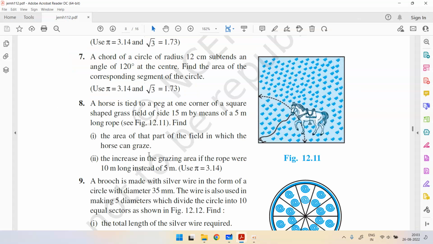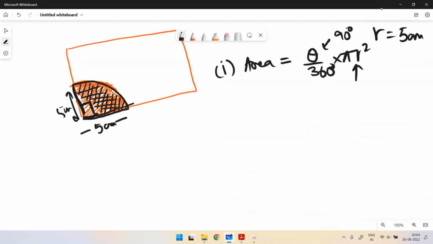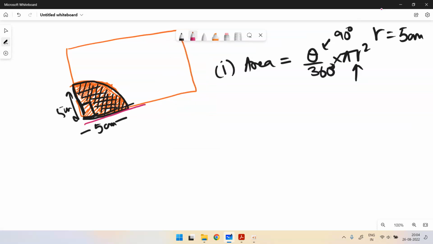Now in second part, what is the increase in the grazing field if the rope were to be 10-meter long? So in the second question they said what is the increase when this rope is 10-meter long. Suppose this is 10 meter, this is 10 meter, this is 10 meter, so approximately.